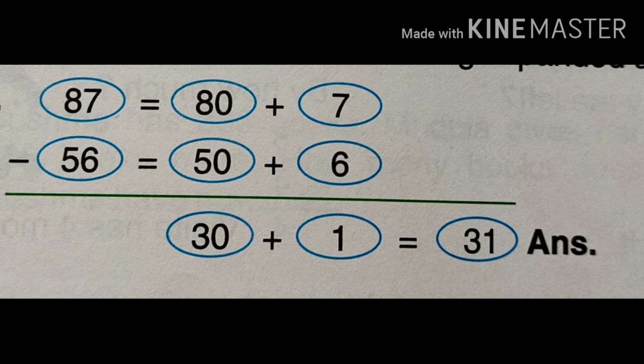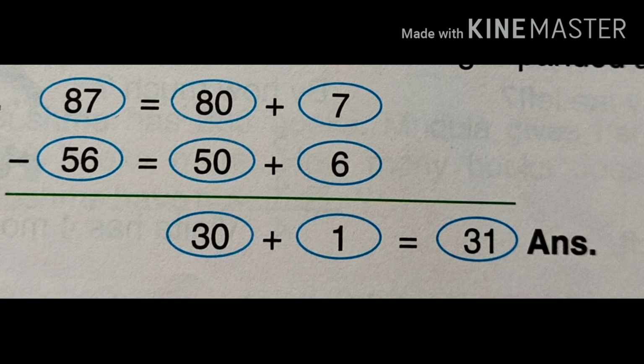And what is the expanded form of 56? 50 plus 6. We have already learned this. So what do we do first? First we subtract ones. So 7 minus 6 equals 1. Then we subtract tens. 80 minus 50 equals what? 30, right? And for the final answer, what do we do? We add both the numbers. 30 plus 1 equals 31.